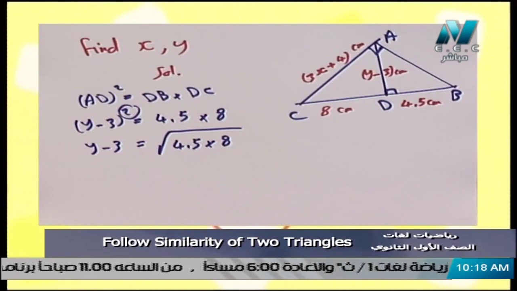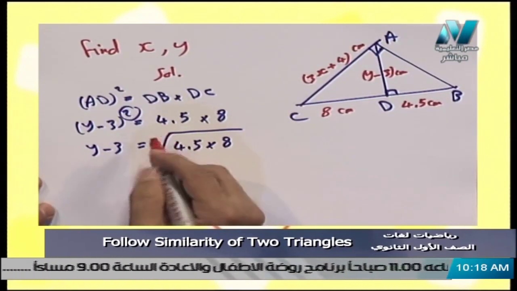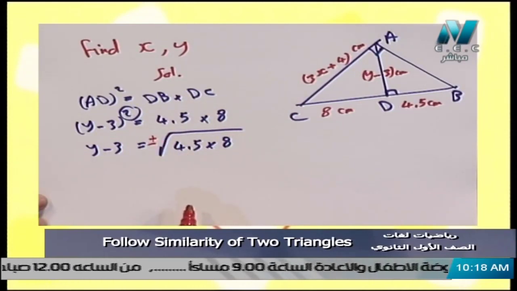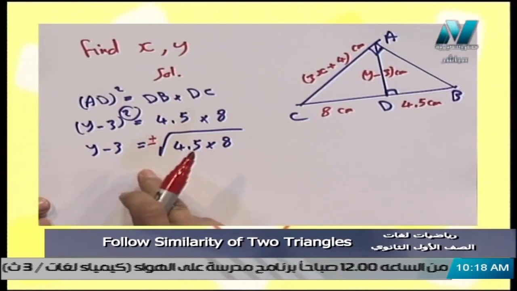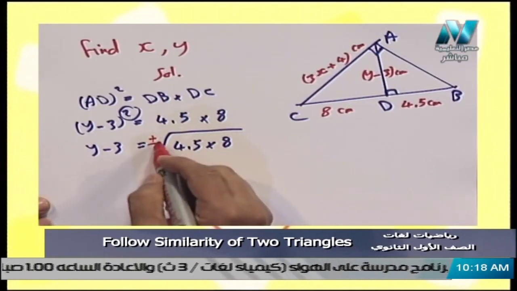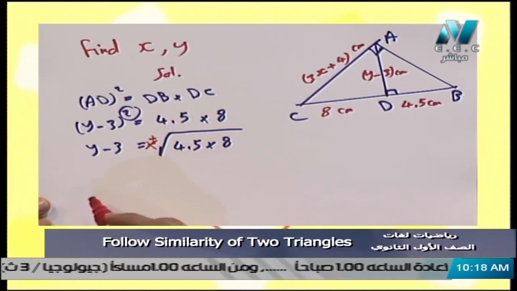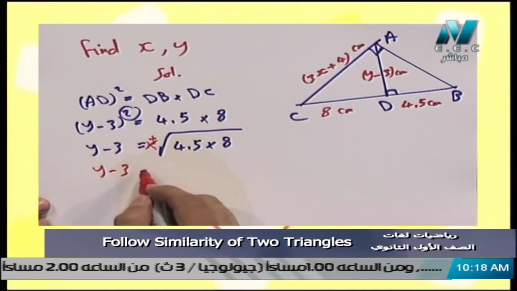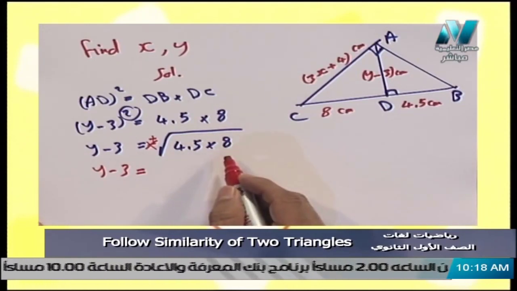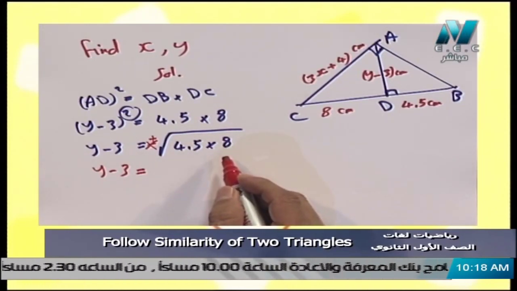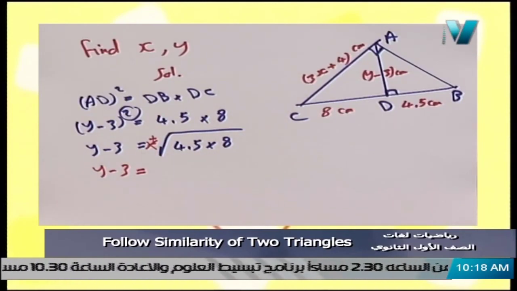And someone says, Mister, we have to put here positive or negative. Yes, of course. But here we are dealing with lengths, so we cannot put negative. So we will have positive only. So y minus 3 equals square root of 4.5 multiplied by 8. We will use the calculator here to find the answer.